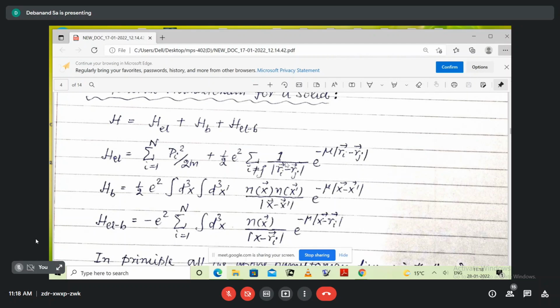So because there are a large number of electrons, I have put here a factor called screening. I'm calling it a screening, but because this will have a singularity 1 by R, as Ri approaches Rj, it is very large.